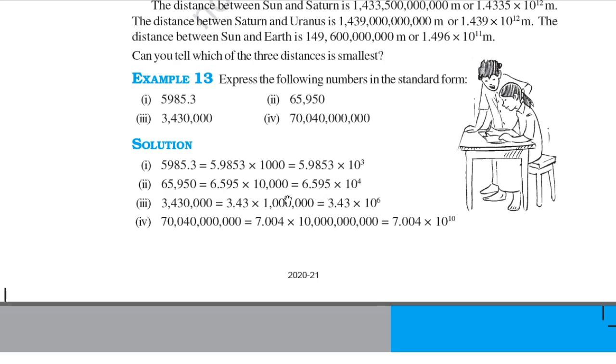Similarly, 3430000 can be written as 3.43 into 10 to the power 6. So here 70040 and so on can be written as 7.004 into 10 to the power 10. So very easy, you can do that.